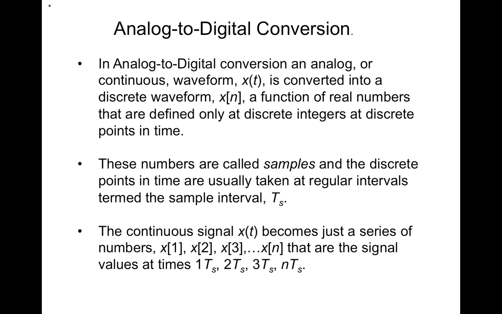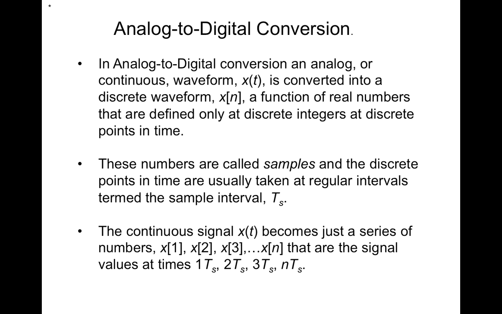You have some function x of t that's converted to a series of discrete measures where your discrete variable is n. So you would have a discrete number of points as opposed to a continuous line. Those are real numbers, only defined at discrete positions in time, and typically only defined at discrete levels. These numbers are called samples.